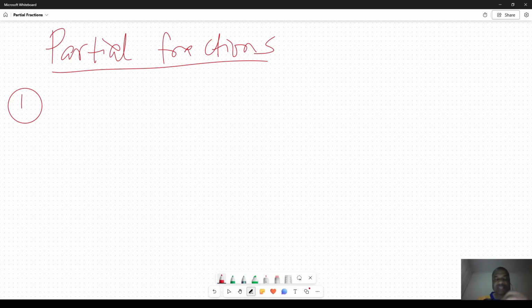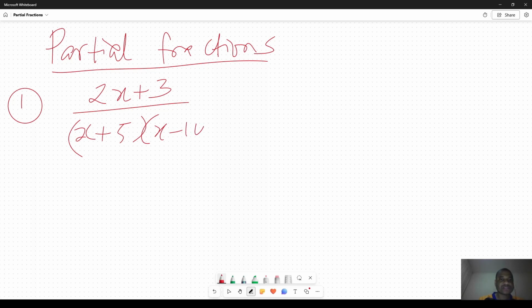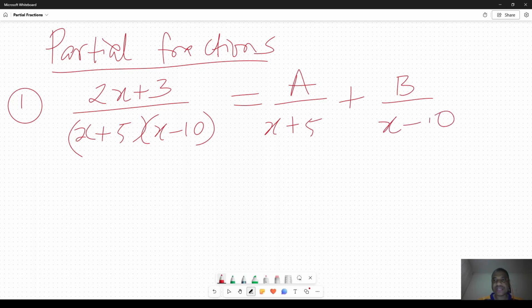The first one is the easiest one, where you will have an expression, maybe 2x plus 3 over x plus 5, x minus 10. This would be A over x plus 5 plus B over x minus 10. Easy. You can use C and D, you can use any two letters. A and B is the most common one that is used.